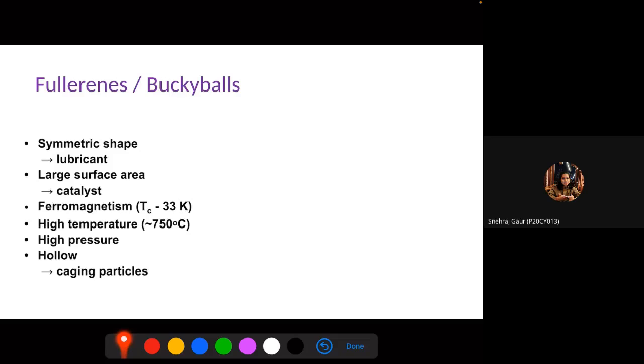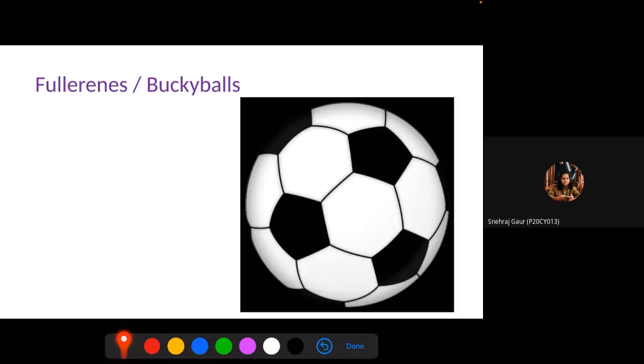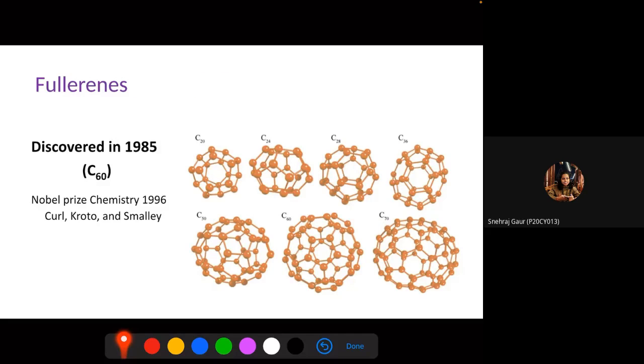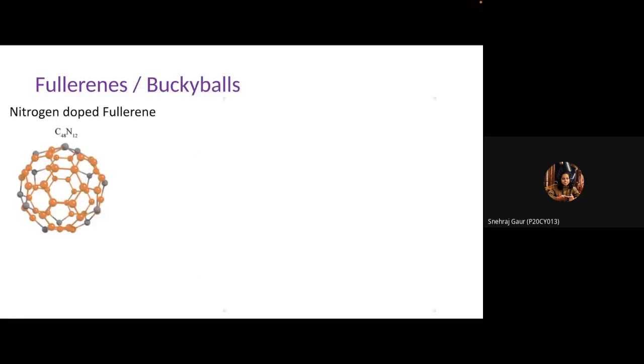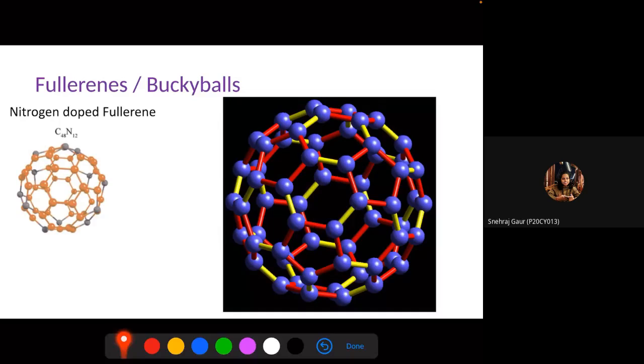Because it has a very symmetric shape. You see here, it's almost hollow in the center, and the carbon atoms form a shell, almost like a cage-like structure.